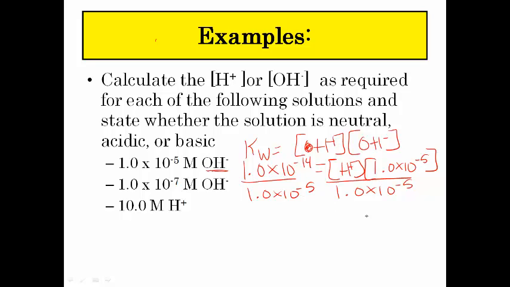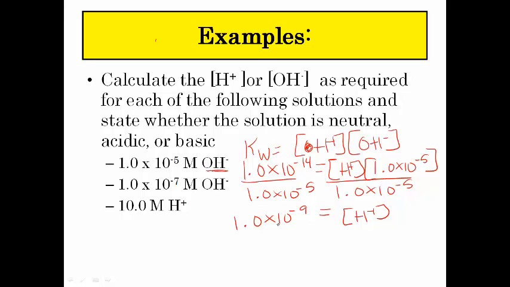The concentration of H plus is, take these two numbers and divide them out. I would use my calculator and figure out that that's 1.0 times 10 to the negative 9th. Or you could use your rules of exponents too, right? Negative 14 minus negative 5 is negative 9, and 1 divided by 1 is just 1. And of course you'd still use sig figs too, 2 and 2 still be 2.